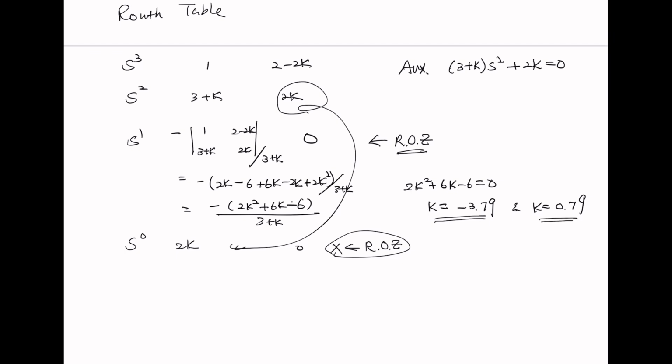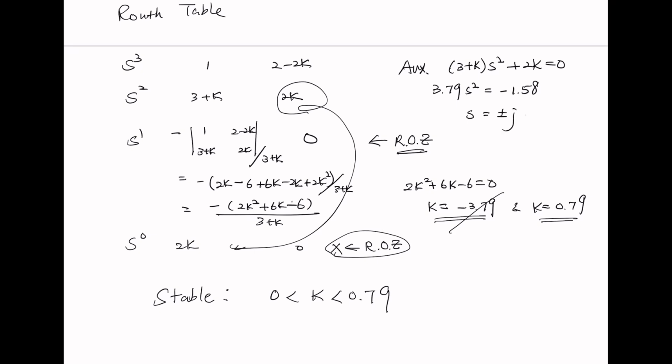These two values would both give us imaginary numbers. However, as we said, k has to be greater than 0 for this transfer function to be stable, so the stability condition is 0 less than k less than 0.79. So we cannot use the negative k value. Now, if you use k equals 0.79 and plug it into this auxiliary equation, we have 3.79 s squared equals negative 1.58.